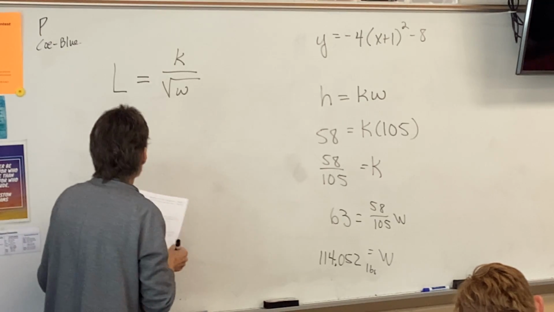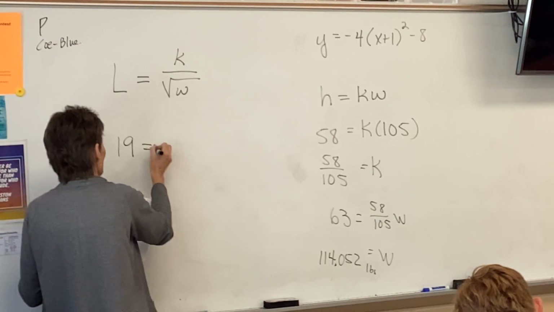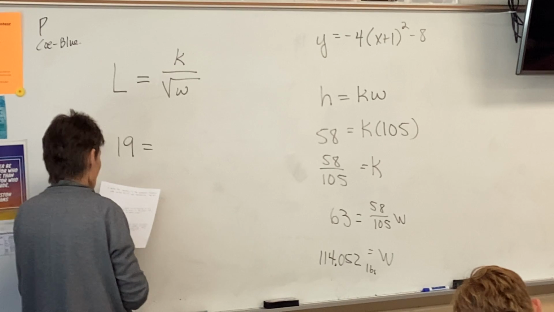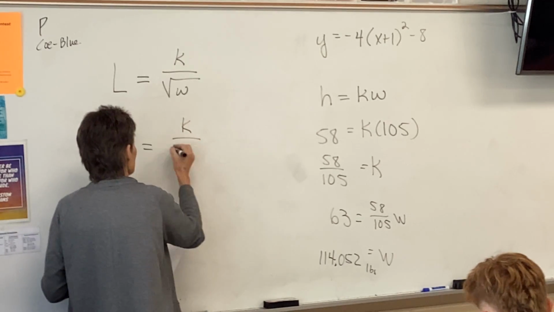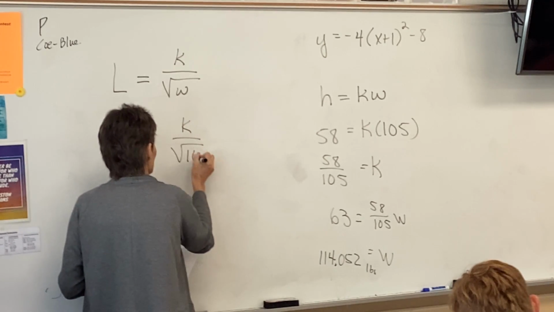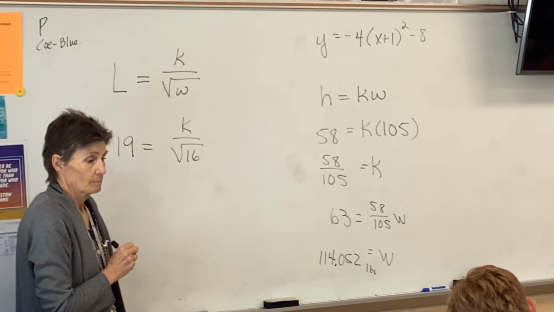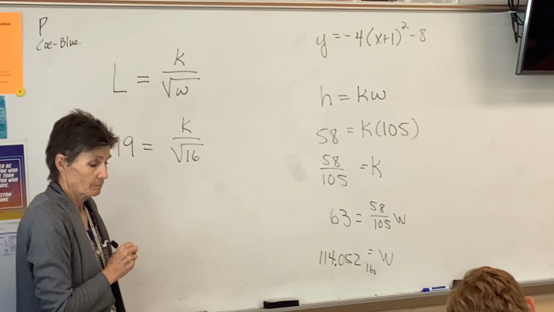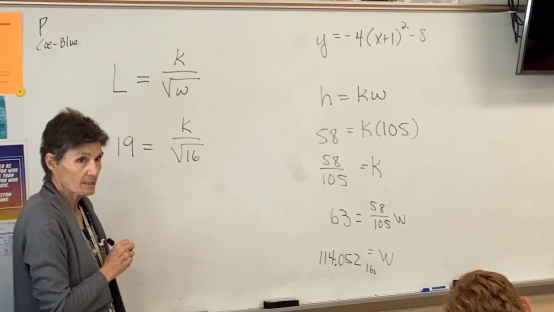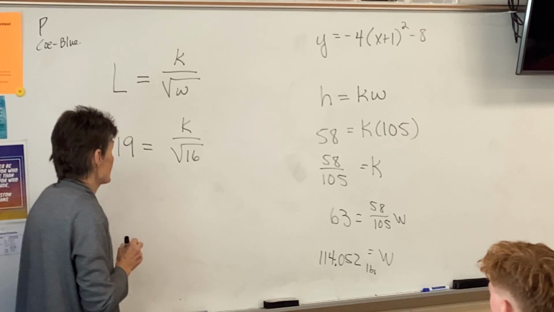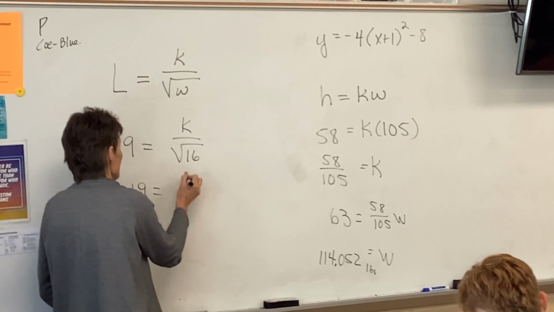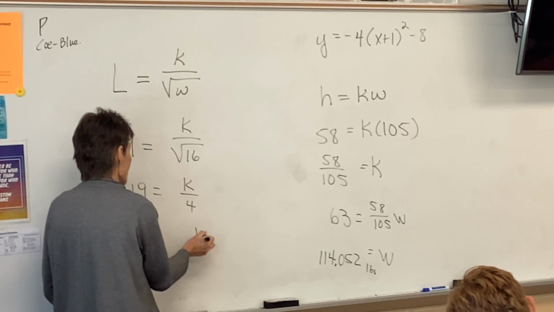A widget that is 19 feet long is 16 feet wide. Does that make sense to you? So the square root is 4. So it looks like K is 76.